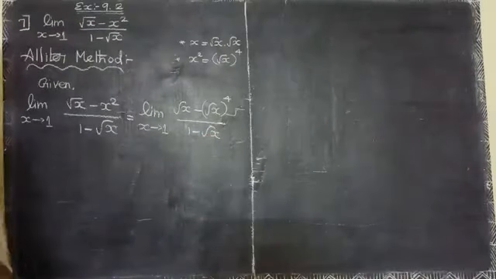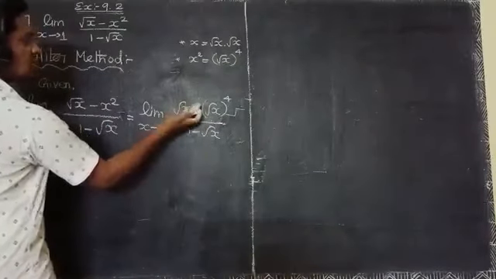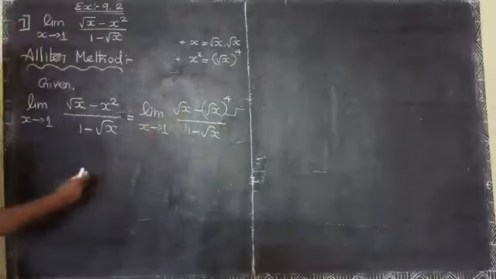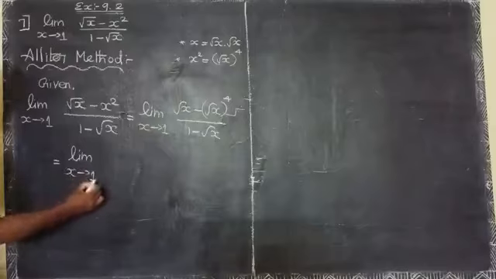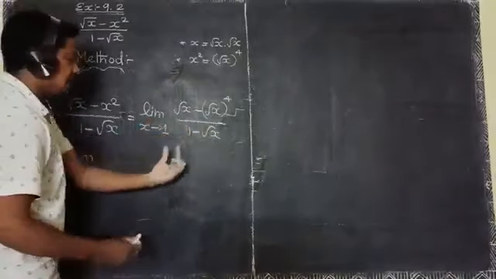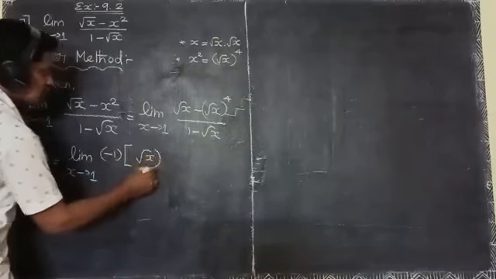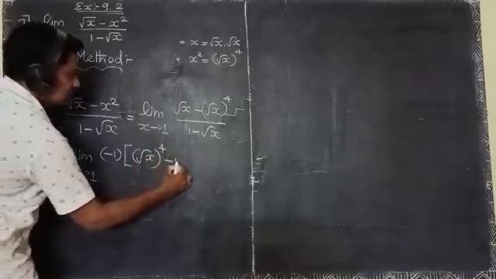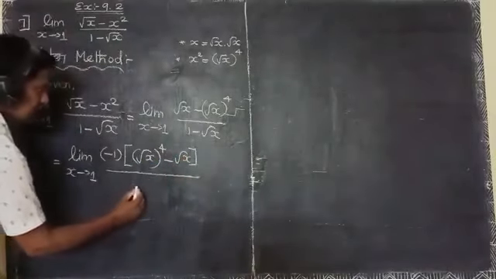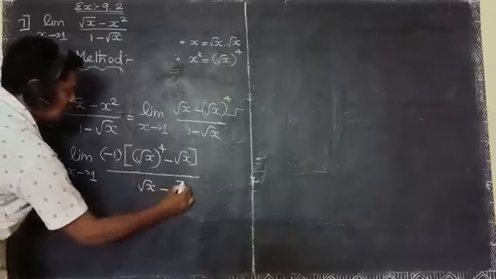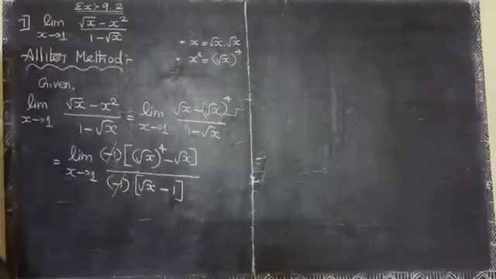Here the terms are changed, that is take outside minus 1 in numerator and denominator. Limit x approaches 1, minus 1 into (square root of x whole power 4 minus square root of x) divided by (square root of x minus 1) into minus 1. Here the minus 1s are cancelled.